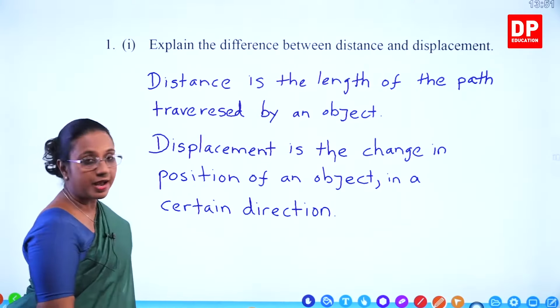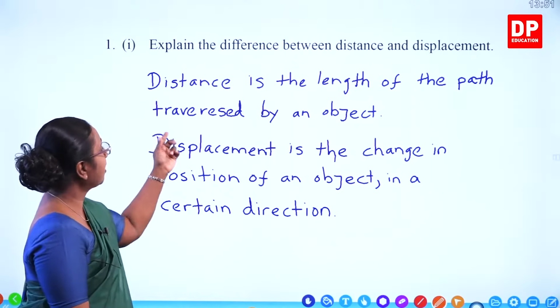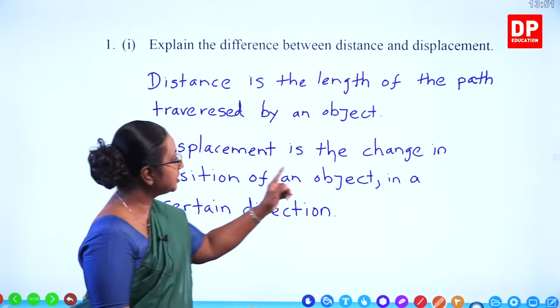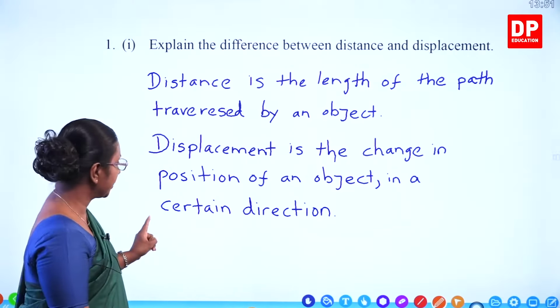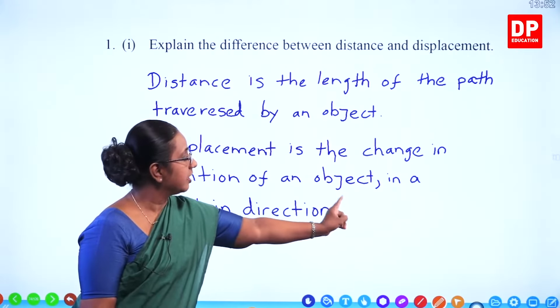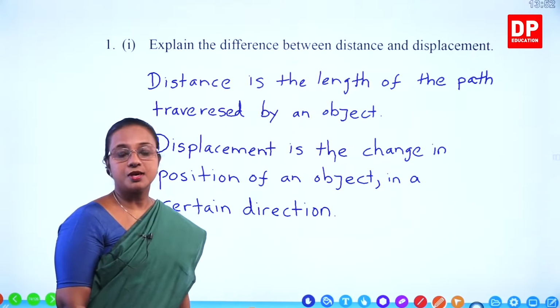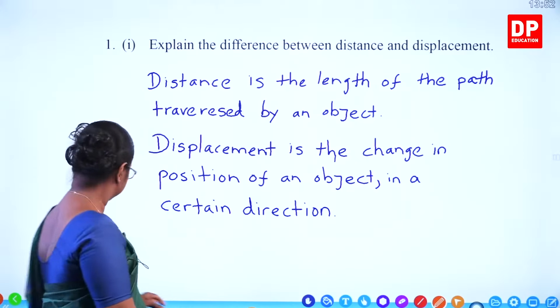So if you compare the two, distance is the length of the path traversed by an object, whereas the displacement is the change in the position of an object, and here we need to consider the direction in a certain direction. So that's how you are supposed to define distance and displacement.